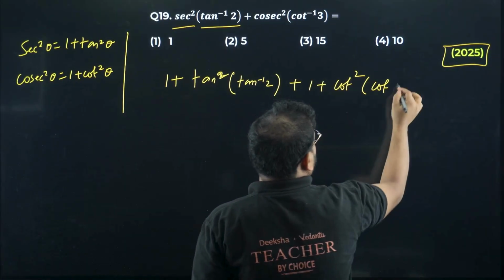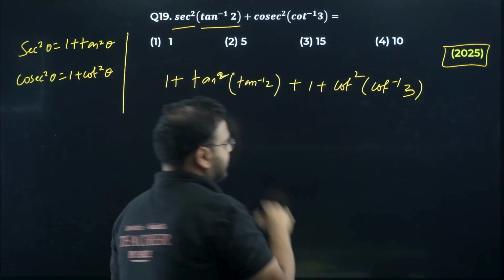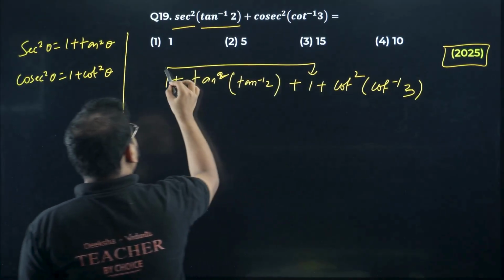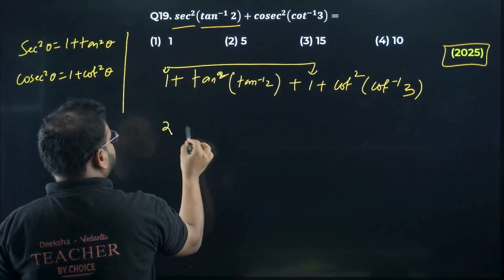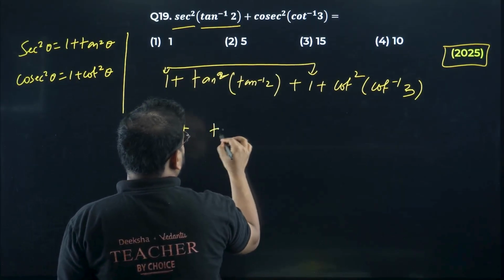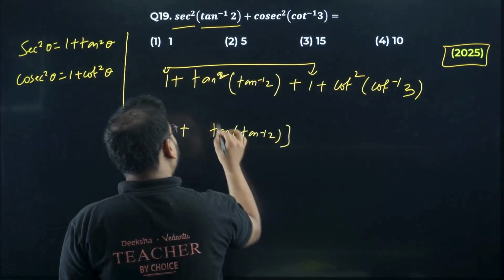Cot square of cot inverse of 3, right? Yeah, that's correct. Now take the sum of 1 and 1 together. We get 2. 1 plus 1 is 2. And we have tan of tan inverse, right? Write this simply as tan of tan inverse 2, this whole square.